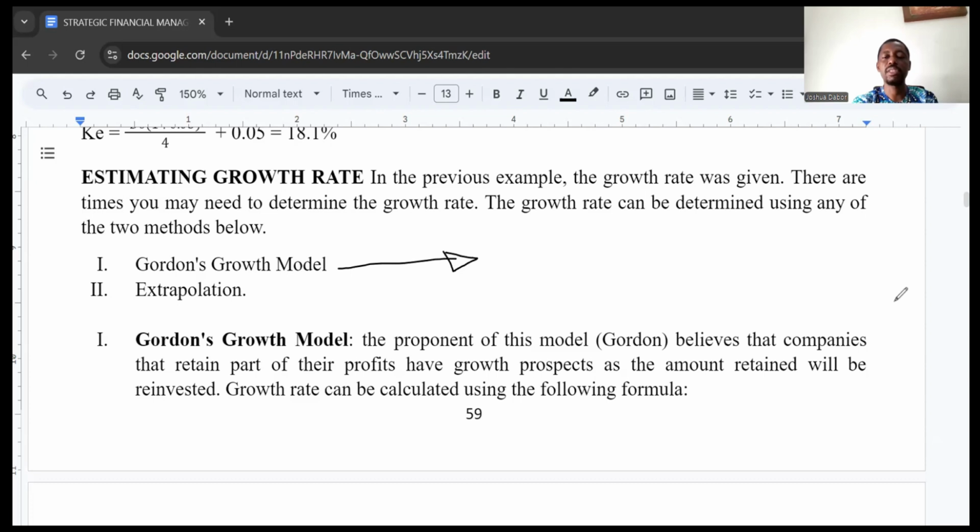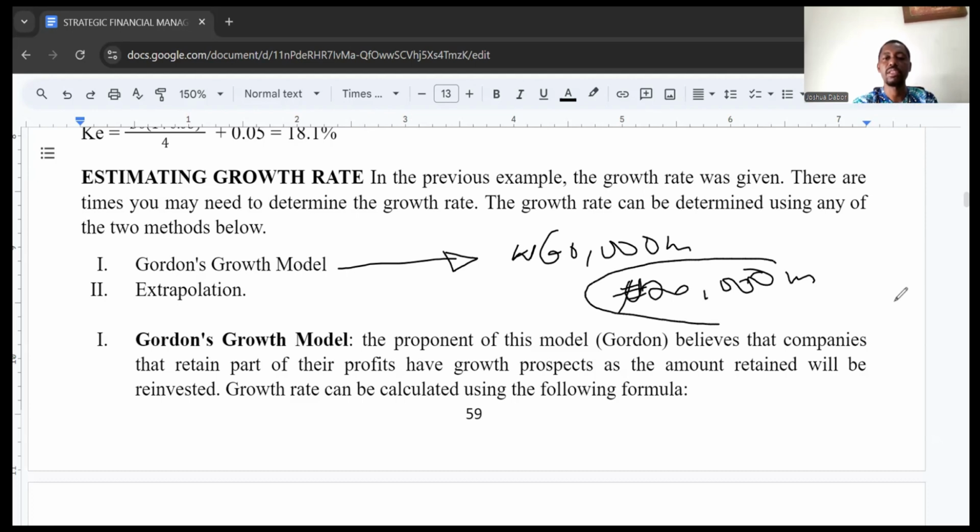So he believes that a company that retains profits and reinvests those profits, it means that their dividend will be growing over time. So if a company earns 60,000 million and retains 20,000 million, according to Gordon's, the company dividend the following year will increase because the company can reinvest this money at the company's cost of capital.